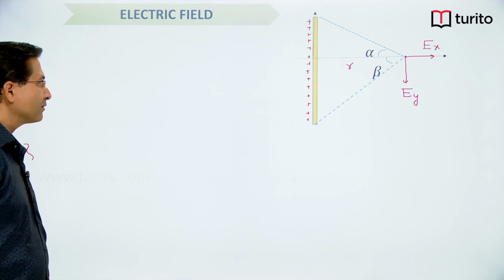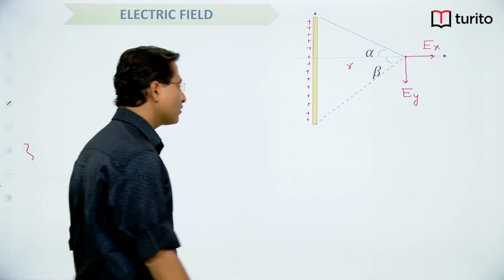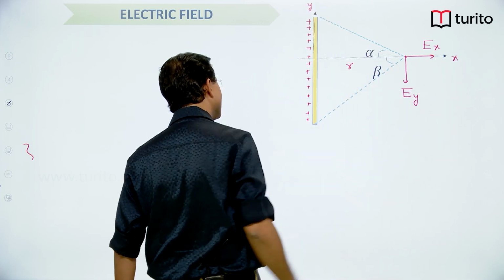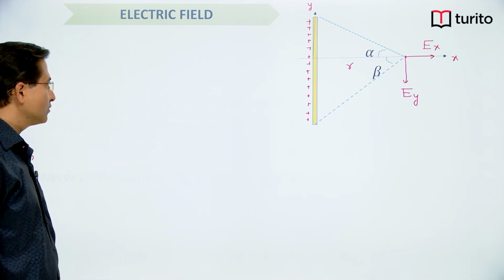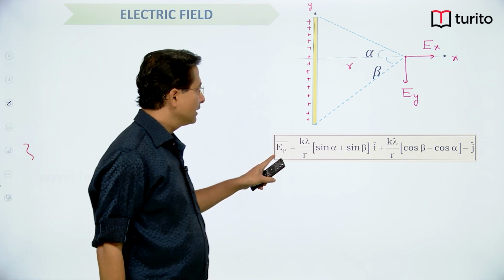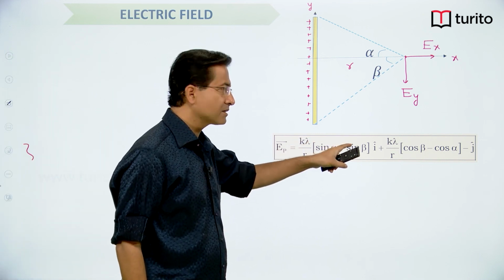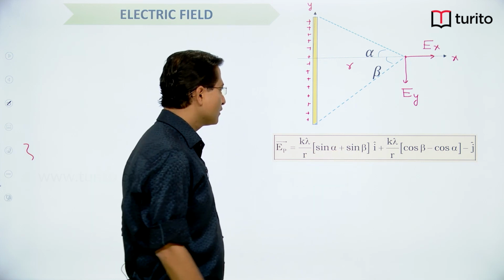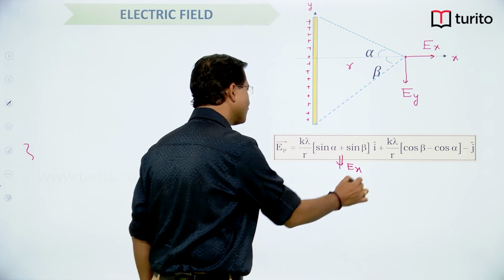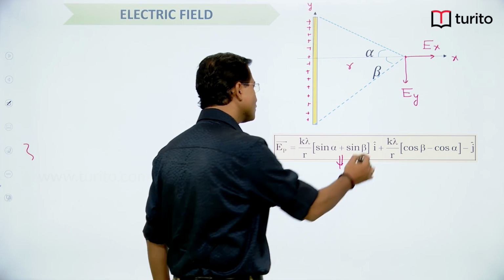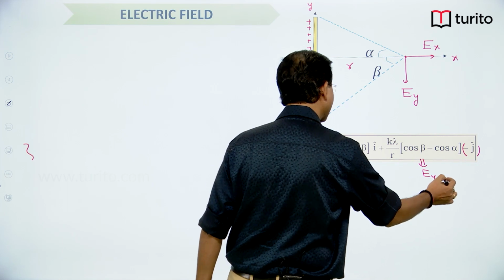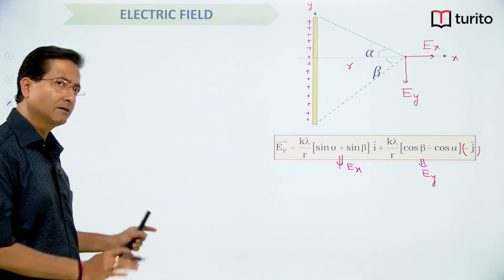If I want to write it in vector form, that vector will have two components, one along the x axis, let this be the x axis and this be the y axis, and another along the negative y axis. After simplifying, we got k lambda by r in bracket sin alpha plus sin beta, that was the x component, and this one is representing the y component, right. So, we have done this in the last class.